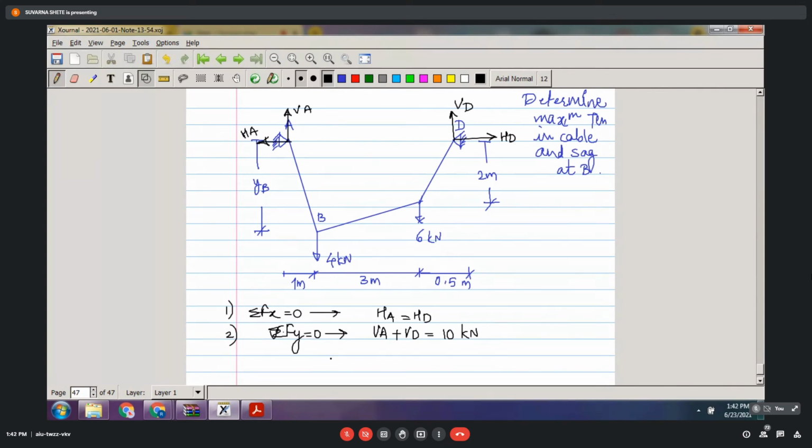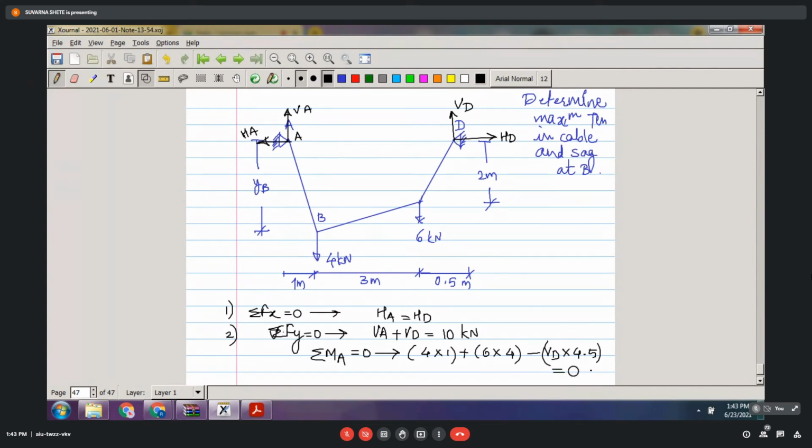Yes, ma'am. Now suppose I take moment about A. Our regular left hand is easier, so we take left hand. Moment about A: HA, VA and HD pass through point A itself, so all will create zero moment. 4 into 1 plus 6 into 4 minus VD into 4.5 is equal to 0.